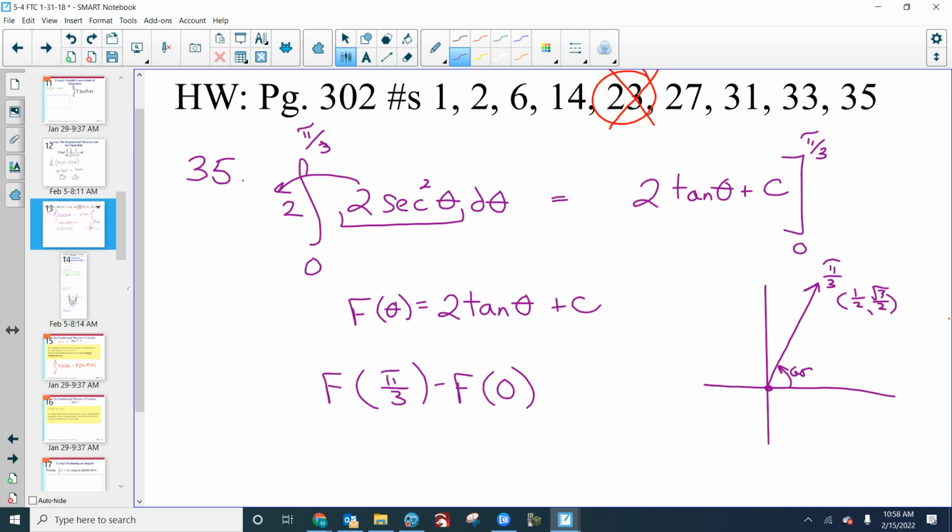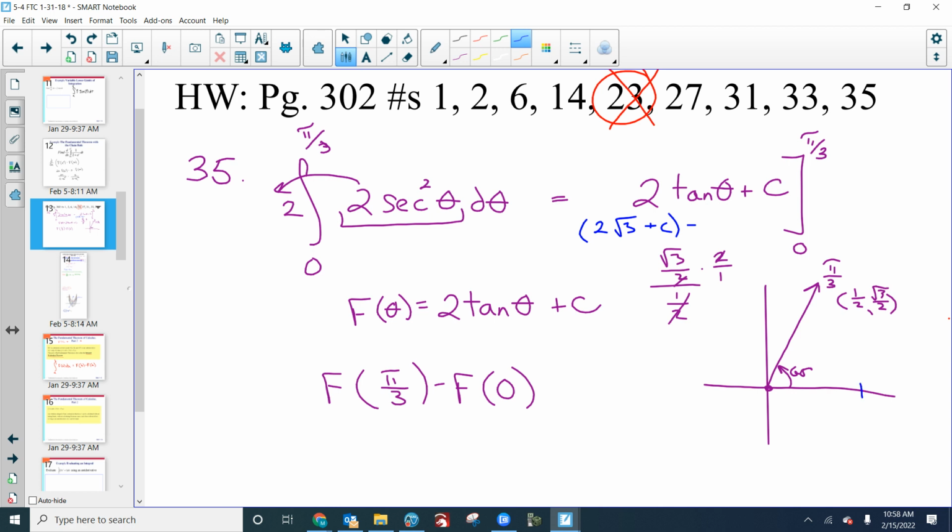When I divide these, I do y over x. Radical 3 over 2 over 1/2. Keep, flip, switch. All right, the 2's cancel. What's the tangent of pi over 3? Radical 3. Okay, so 2 radical 3 plus c, minus 2 tangent of 0.